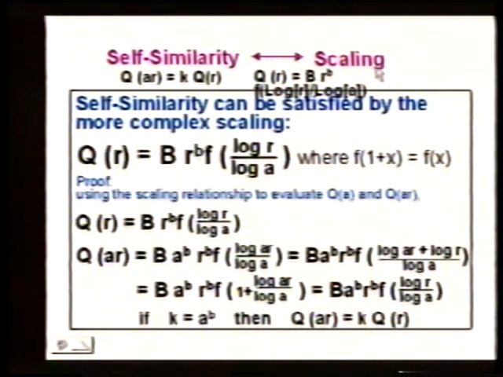You can show that starting with this, if we apply it to both ends of the equation of self-similarity and we use the scaling, then we recover the self-similarity relationship. So again, there's a relationship between self-similarity and scaling, and this scaling function also is consistent with self-similarity. In fact, this is the most general one. This is a little unclear because it's a messy-looking equation.